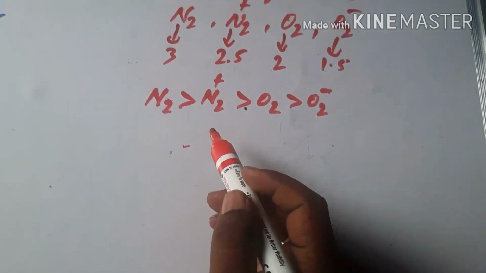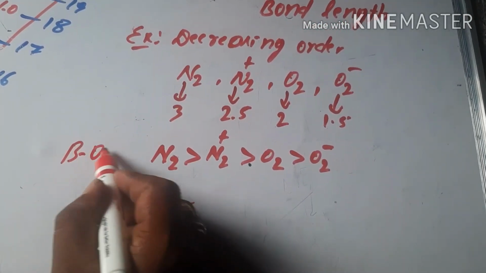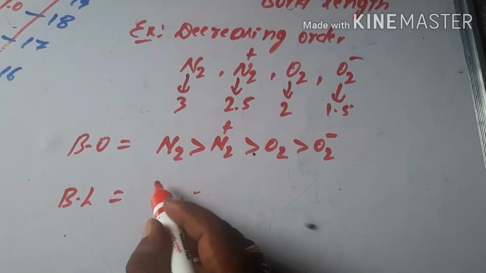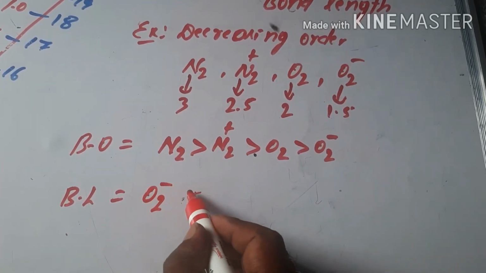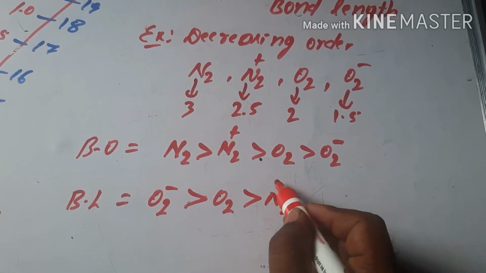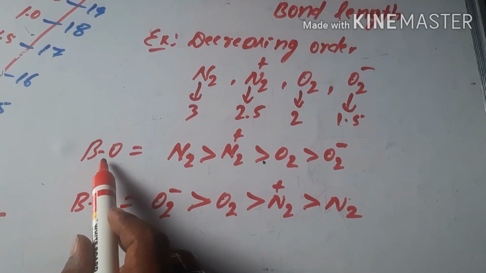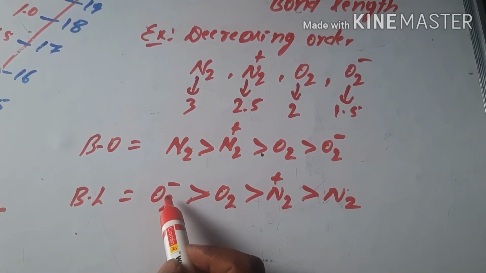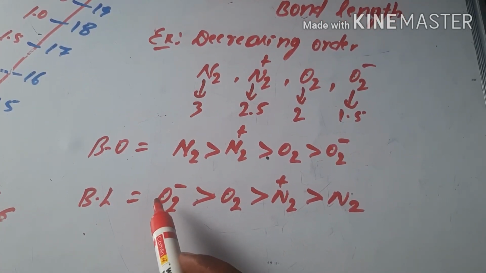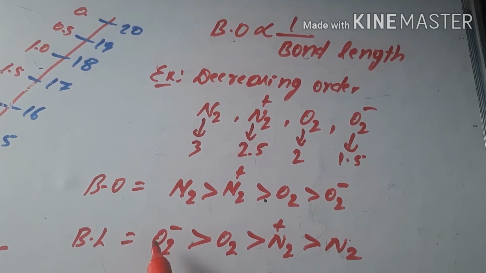The bond order in decreasing order gives the bond length in the reverse order: O2 minus greater than O2 greater than N2 plus greater than N2. So the higher the bond order, the shorter the bond length. Like this you can determine the bond order and bond length, and the relation is that bond order is inversely proportional to bond length.